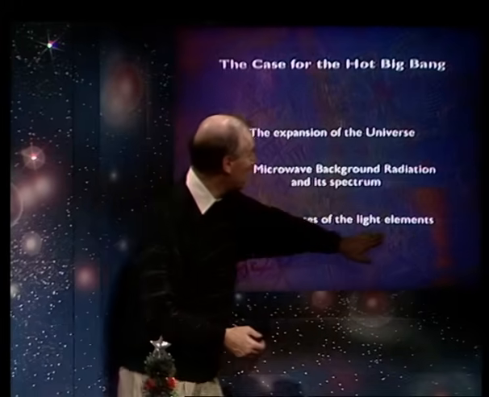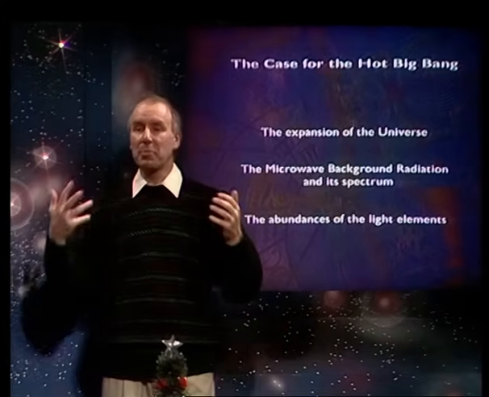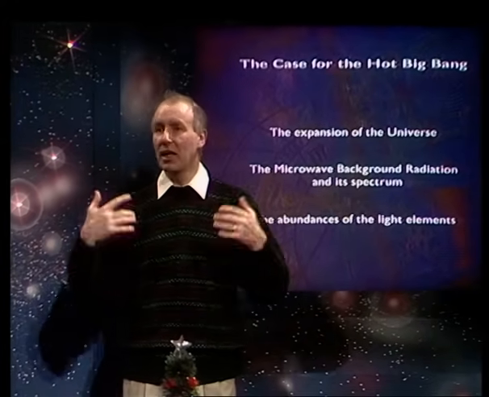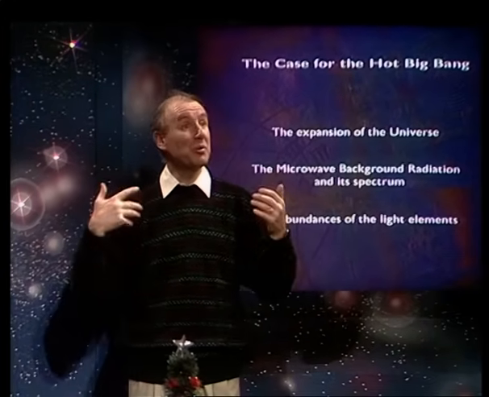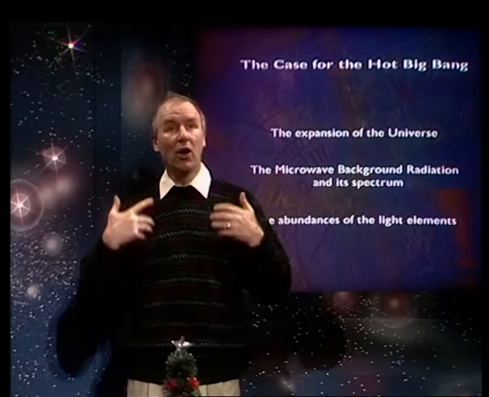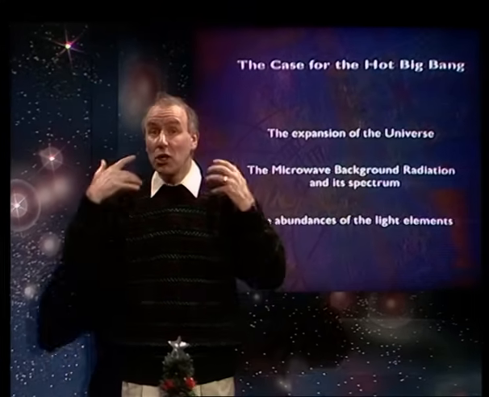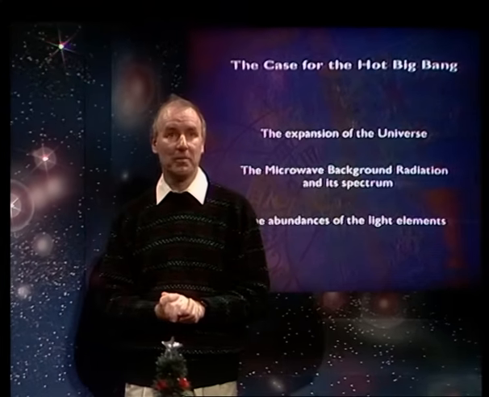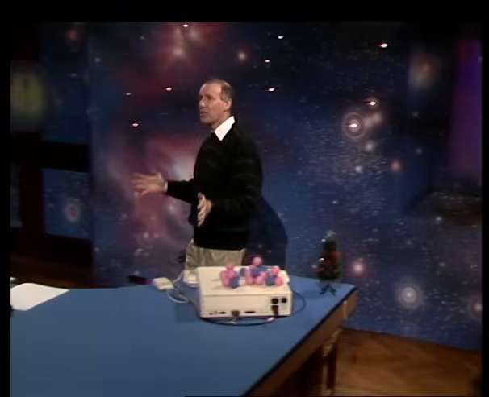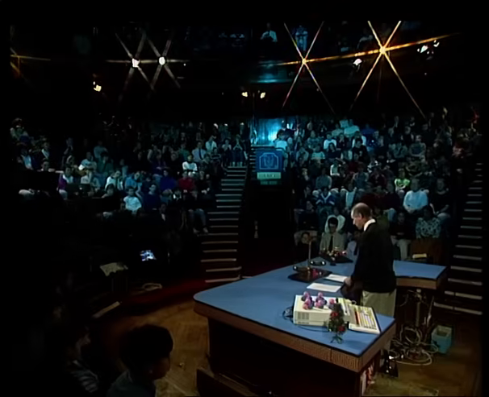And now we've got the abundance of the light elements. We can explain the origin of helium, helium-3, deuterium, and possibly even lithium by the one hot model of the universe, which we could not explain otherwise. And so that's why astronomers and cosmologists take the hot Big Bang very seriously indeed. It can explain these 3 totally independent observations by one single theory.